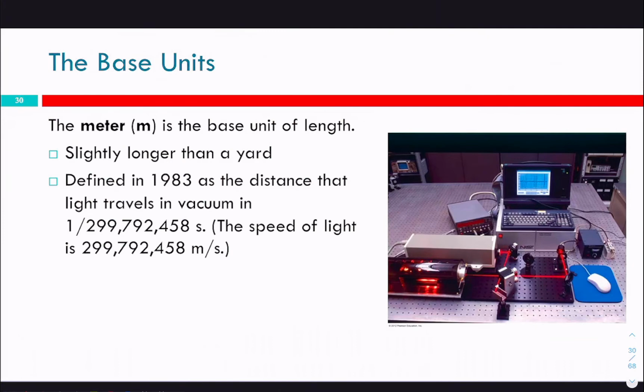So that is the definition of the meter. We can go back with the correct instrumentation, measure how far that light travels, and redefine the meter and have the same units. Let's say civilization collapses, and in the future they discover this is what we used. They could go and get that exact same measurement without having somebody around to tell them.